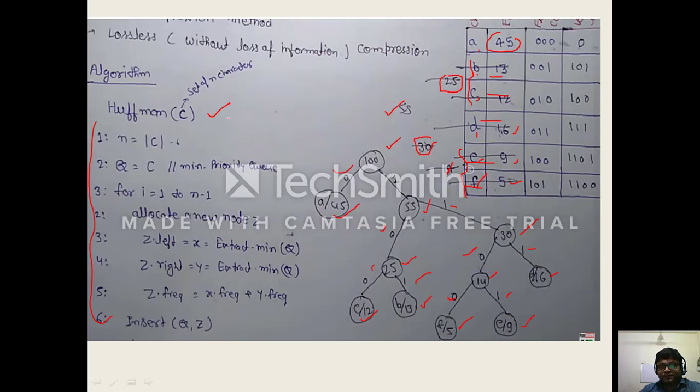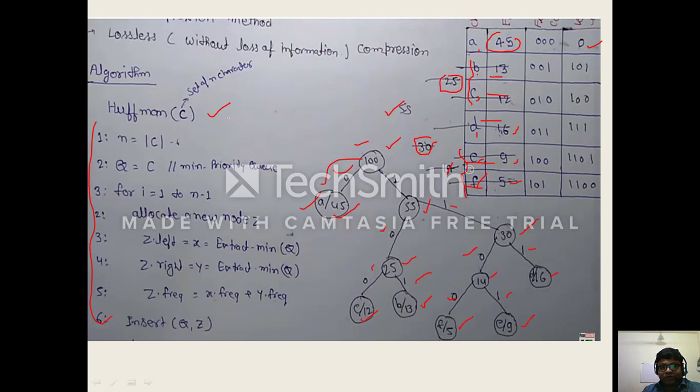Let us see how these different nodes will be represented. Since A is here, starting from 100 we reach it with 0.